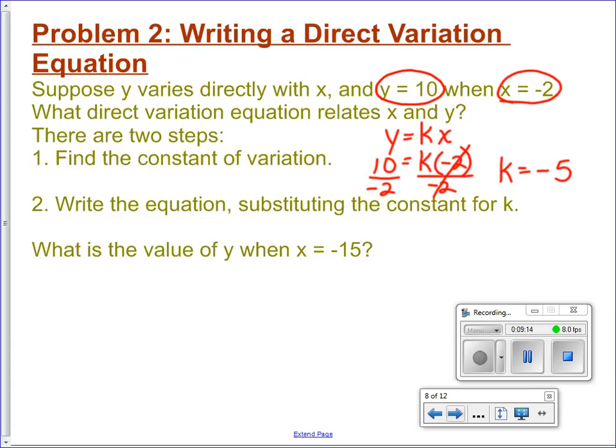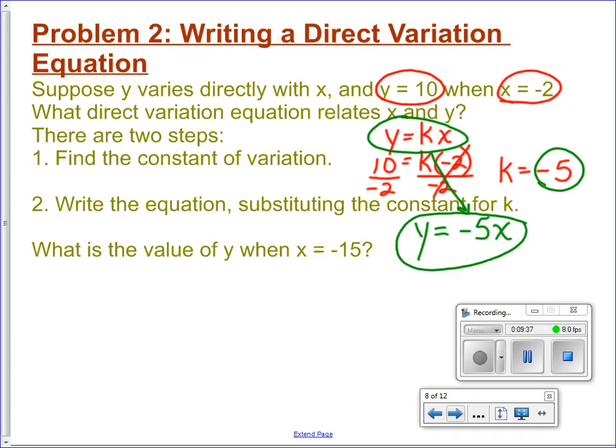So, using our y equals kx, we go back to y equals, and because k is negative 5, we are going to put the negative 5 where the k is, and then multiply it by x. So this is my direct variation equation for this problem.